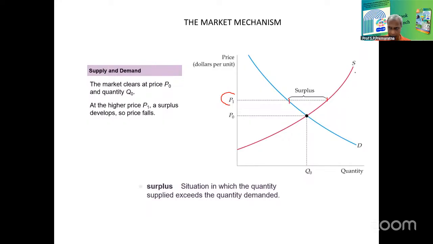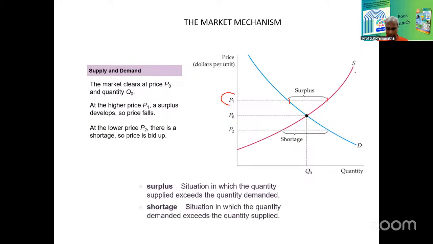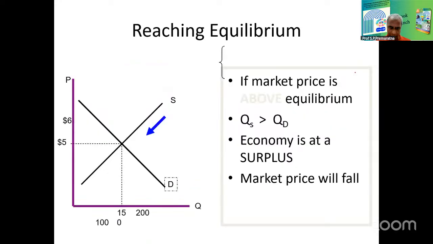More suppliers come to the market, and since the price is high, there is less demand, creating a surplus. The opposite, below the market price, creates a shortage. Shortage is created because the price is lower and many households want to buy, but the producers are thinking in the opposite direction. This is the one you have to understand.